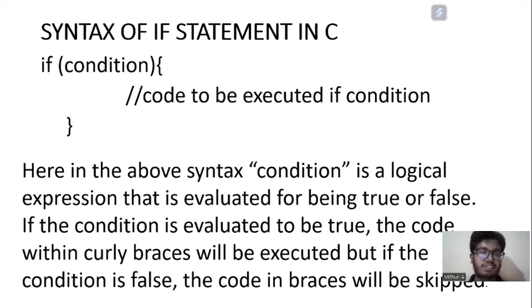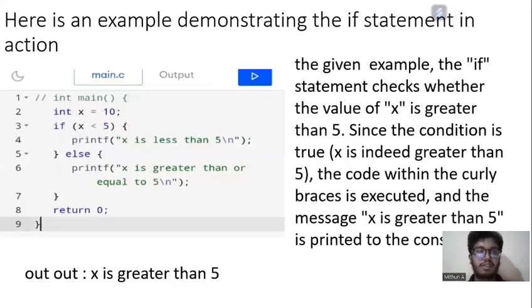So this is our general syntax of the if statement in C. Here, in the above syntax, condition is a logical expression that is evaluated for being true or false. If the condition is evaluated to be true, then the code within the curly brackets will be executed. But if the condition is false, the code in the brackets will be skipped. So here is an example demonstrating the if statement in action.